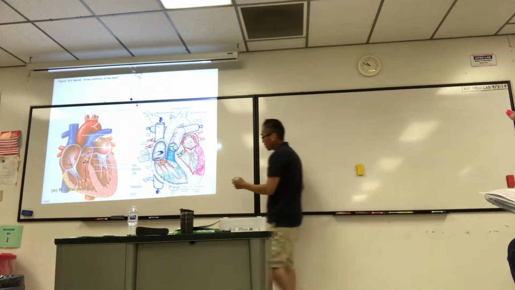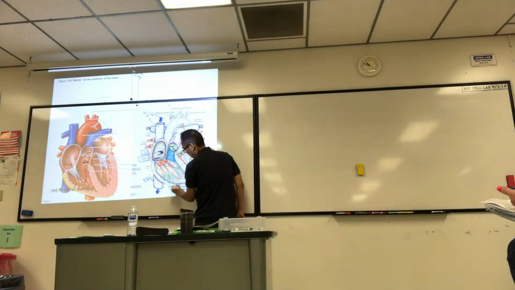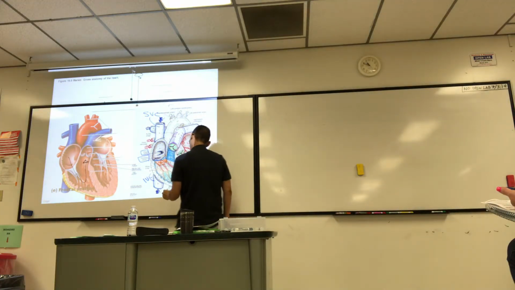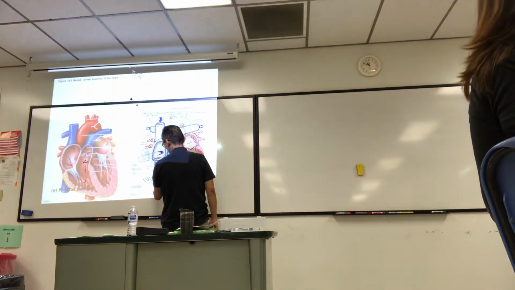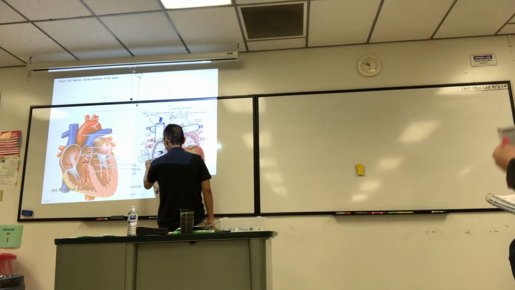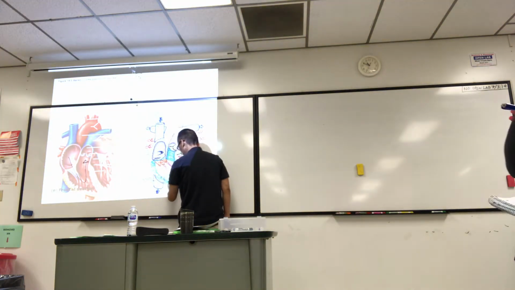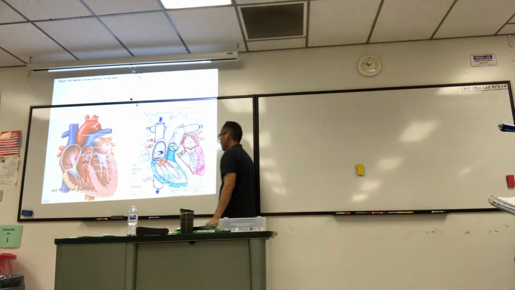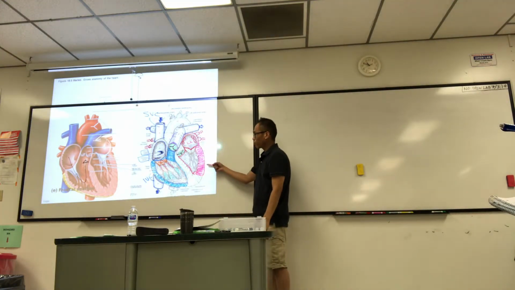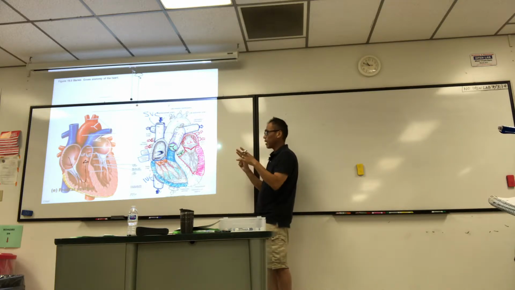If you color it in, it's, by comparison, much thinner. And you'll see that on the sheet part. One side has to generate more pressure, but it turns out the output is equal for RV and LV. They push out the same amount of blood, but one has to generate more pressure.